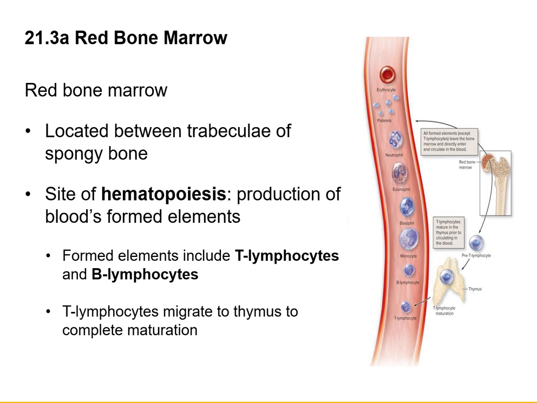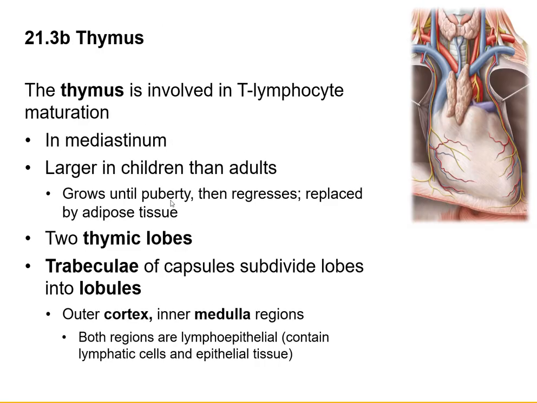Red bone marrow. The T in T lymphocyte refers to thymus. Our T lymphocytes are going to mature in our thymus. So the T in T cell means thymus. This is a structure that is largest in children, proportional to the heart.